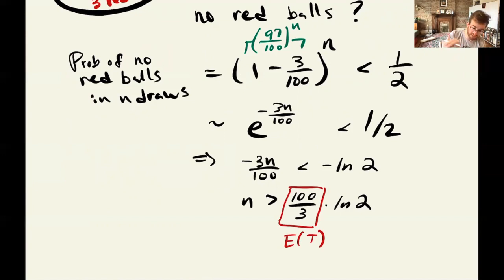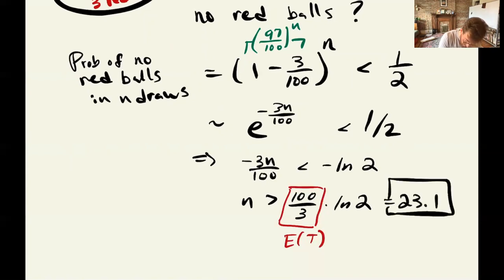And then that expectation weighted by log of 2, which essentially cuts this down to 0.69 of what we have, ends up working out to being, let me check so I can give you a precise number, 23.1. So you can think of this as the half-life of this discrete problem.